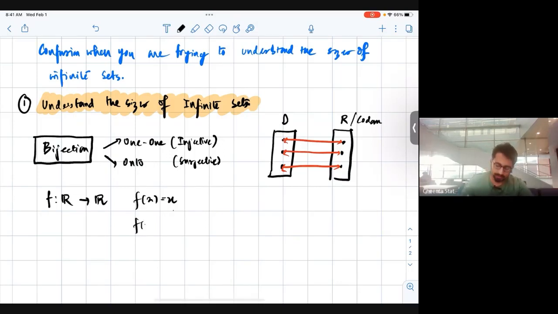But f of x equals x squared is neither 1 to 1, because -1 and 1 both map to 1, nor onto, because x squared only takes non-negative values. So f of x equals x squared is a non-bijective map, but f of x equals x is a bijective map.